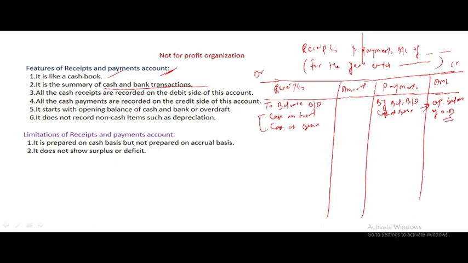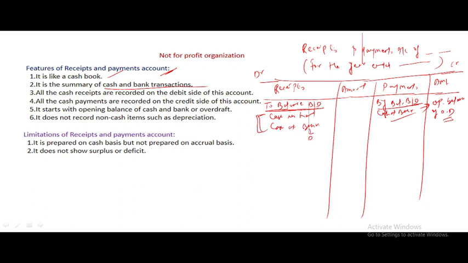This is the opening overdraft, the opening credit balance of bank. If opening balance of cash, then to balance b/d, cash in hand. If opening balance of bank, then we write on the debit side on top to balance b/d as cash at bank. If opening overdraft is given, then we write on the credit side on top as by balance b/d, cash at bank. These are the opening cash balance and opening bank balance.